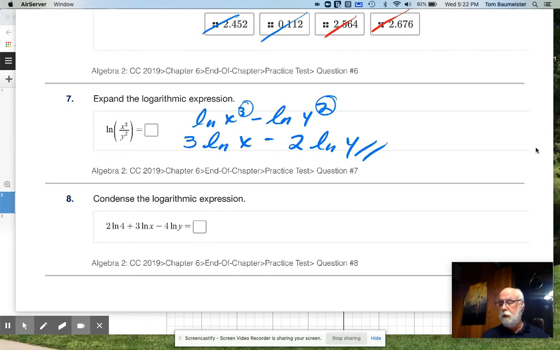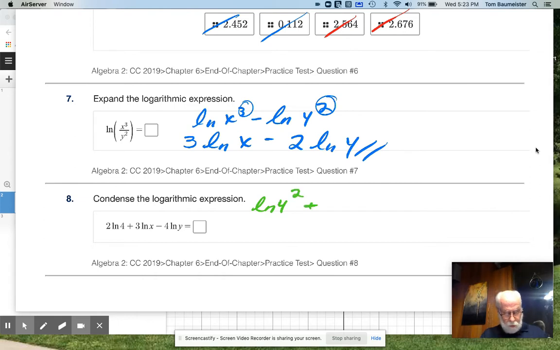Okay. Condensing means I'm doing the opposite of what I just did. I have more than one ln in there. I need to just get 1. So we have 3 there. What we have to do is make them 1. So on this one here, I can look and I can see right now that I'm going to take the natural log of 4, and I'm going to make that a square.